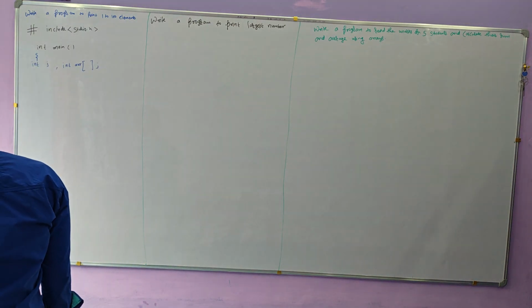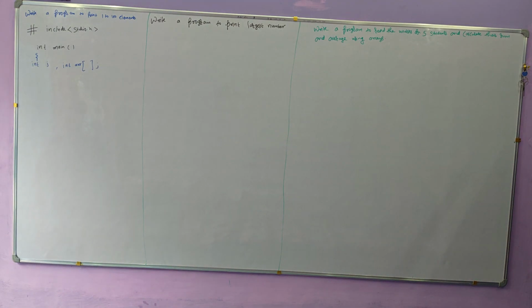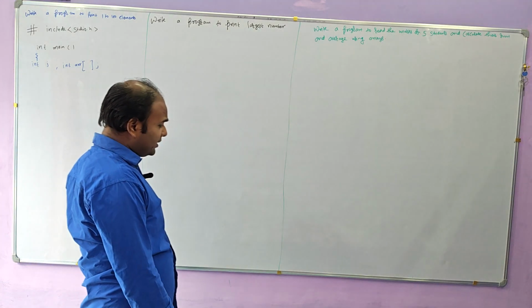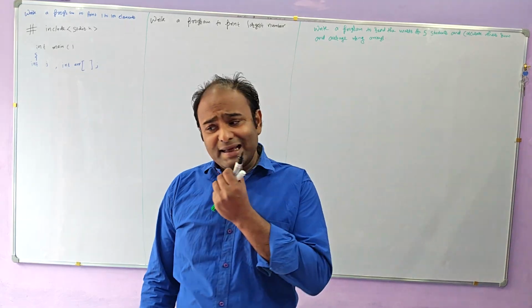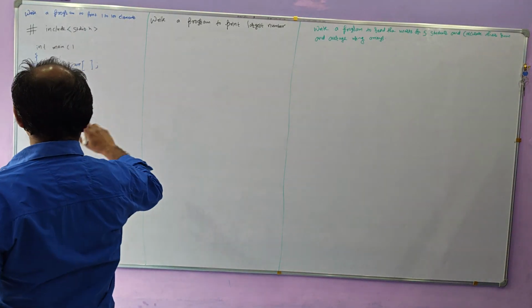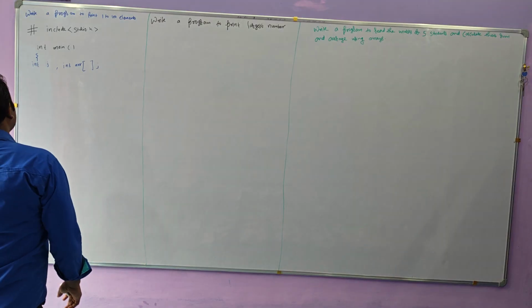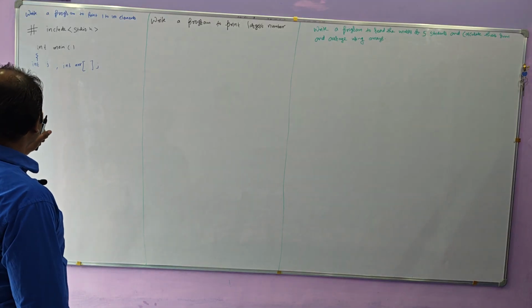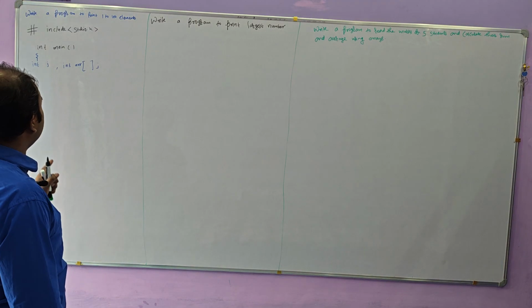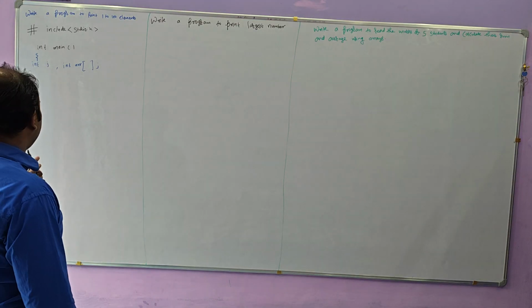Now, why do we need to take a loop? It is not possible to access the elements of an array in a single statement like scanf or printf.